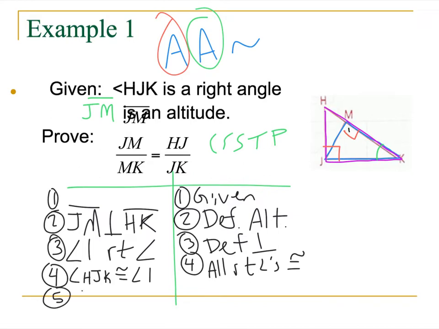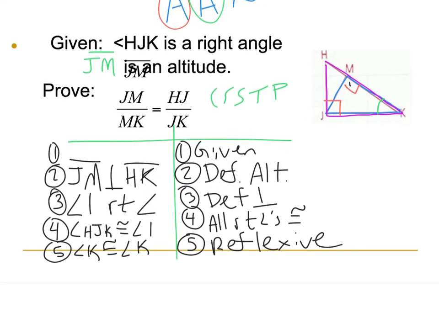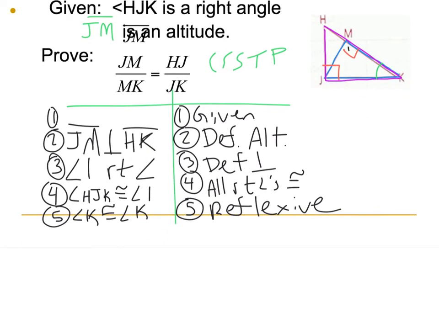And I can also prove that angle K is congruent to angle K by reflexive. Do I have my two angle pairs ready to rock and roll? I certainly do. Let me just move this bad boy up so we can finish this thing out. Okay.